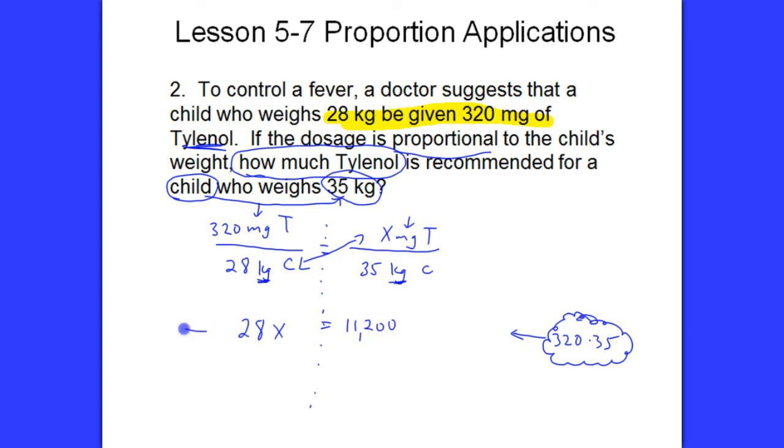Okay, so now at this point you have to solve. 28 times x divided by 28, and divide by 28. You get x equals, so you put in 11,200 divided by 28. X equals 400 milligrams for a 35 kilogram child.